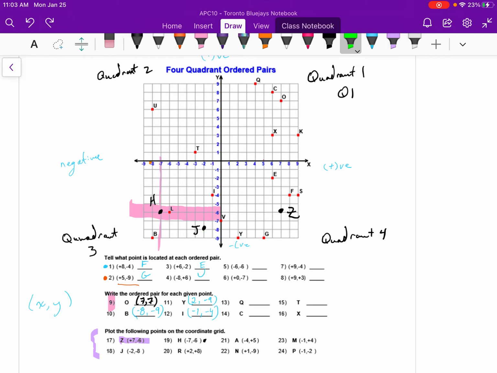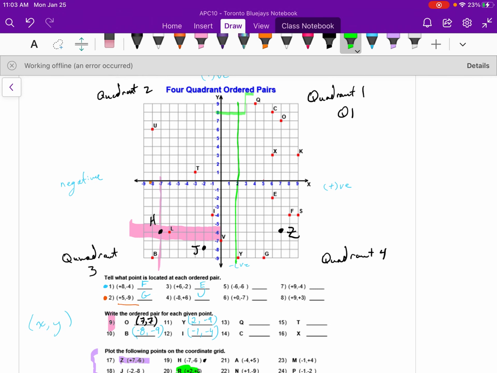Sorry, I made another mistake. Here, let me highlight R. Looking for where x is 2, y is positive 8. So here is where R should be.